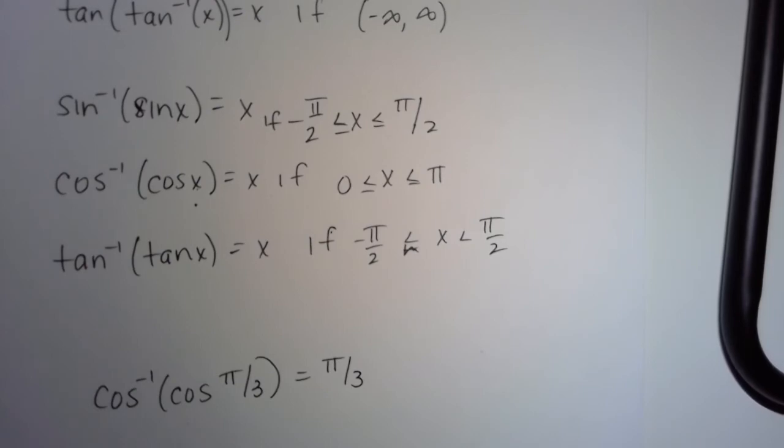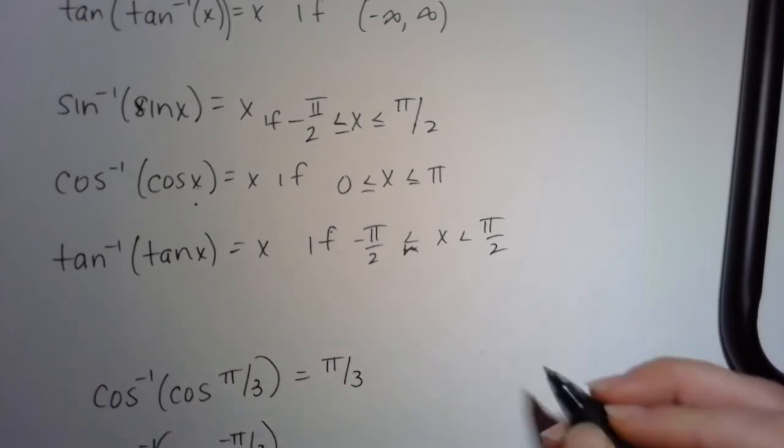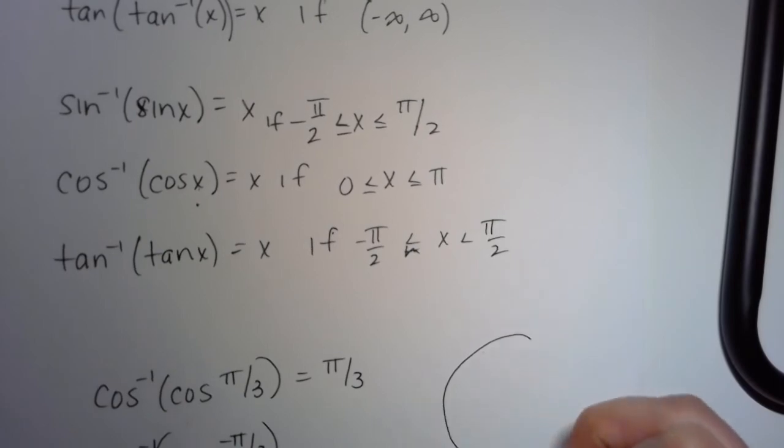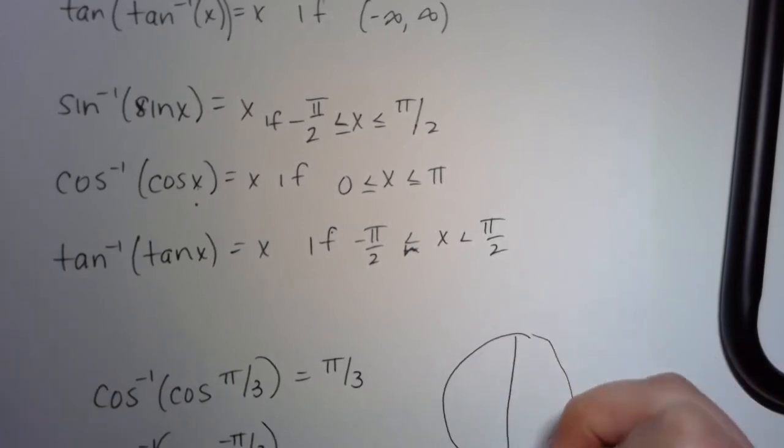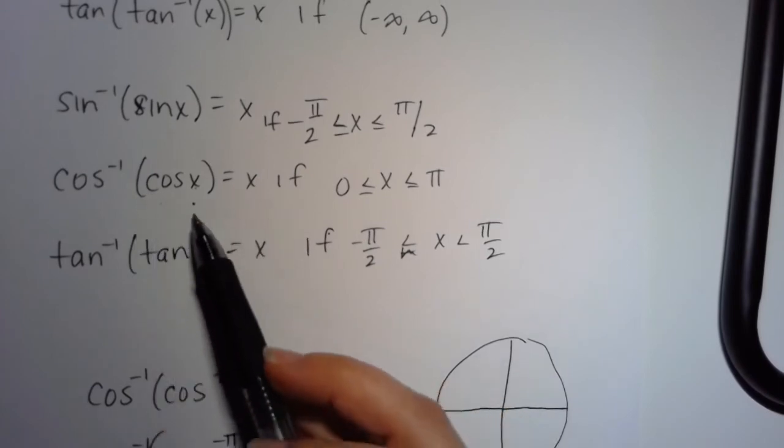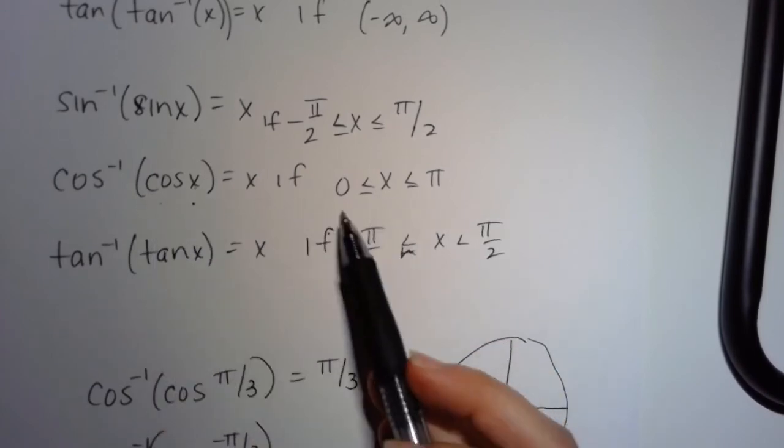Now, what if I have cosine of negative pi over 3? Okay? Now, I like to think in terms of my unit circle here. How do I figure this out? This time, my x is not between 0 and pi.